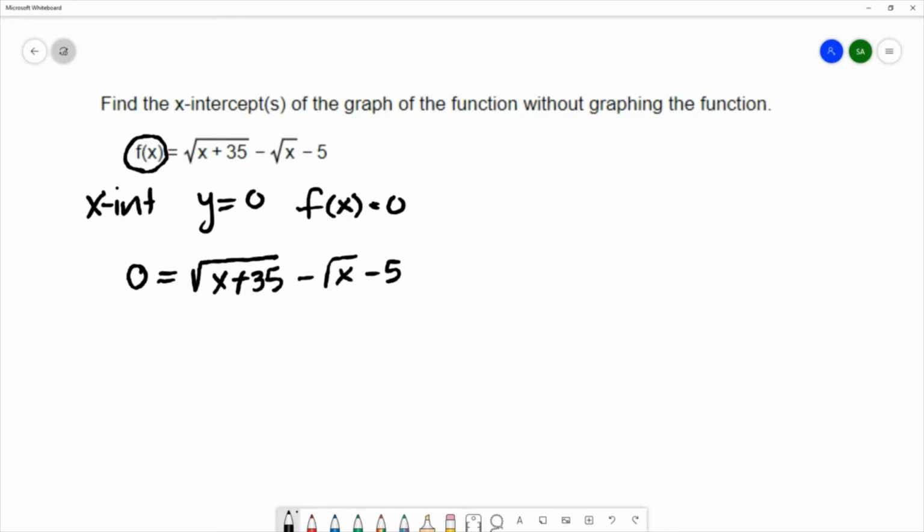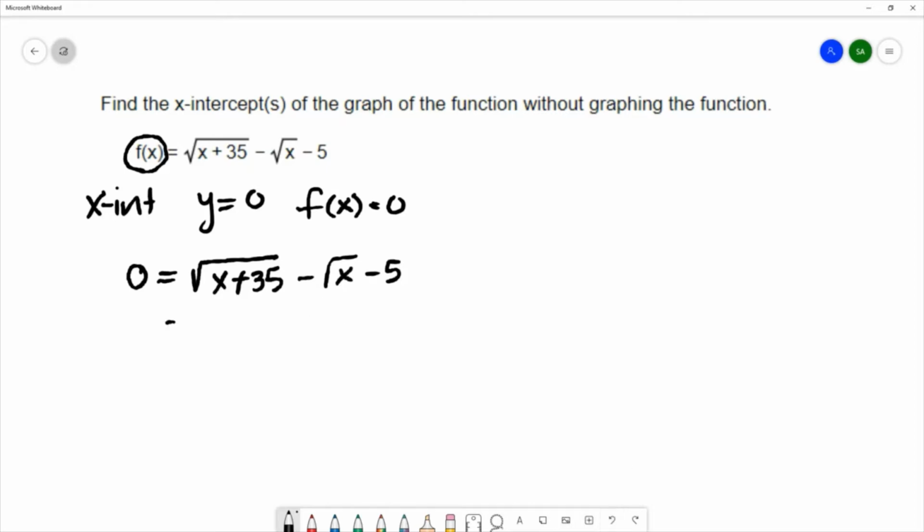This is a radical equation or a root equation. And the technique for solving radical or root equations is to isolate the radical, and then you're going to get rid of the radical by squaring both sides. So I'm going to start this problem by adding square root of x on both sides. Actually, it might be easier if I do the other one.